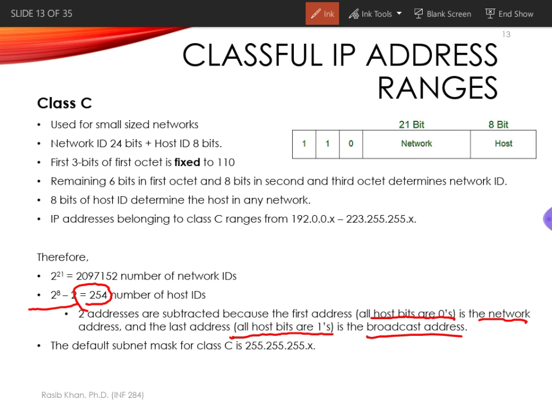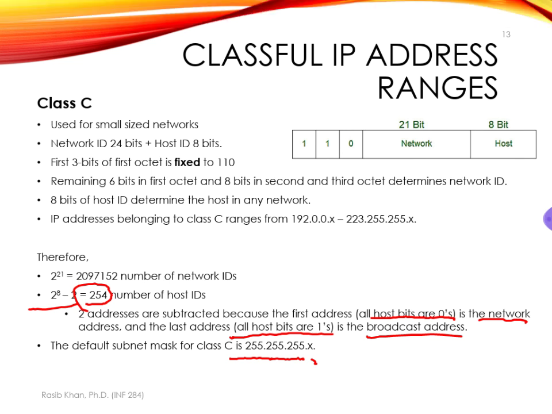And we also talked about the network mask for different classes and network IDs, where we said that the network part would be set to all ones and the host part would be set to all zeros. So for class C, the default network mask is 255.255.255.x.